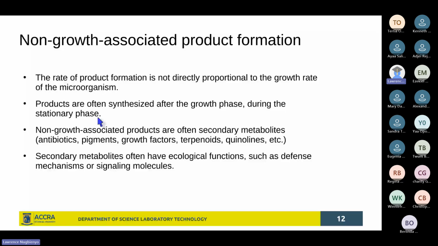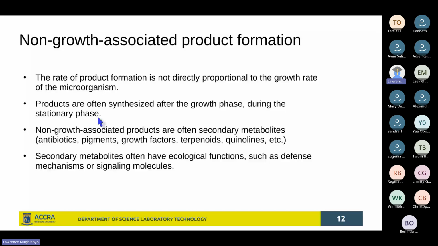It is only already mature cells that will be producing these things to have such communication or such protection for themselves. And so you see that these products are not produced by cells that are in their growing stages. They only get produced when they are already fully mature.